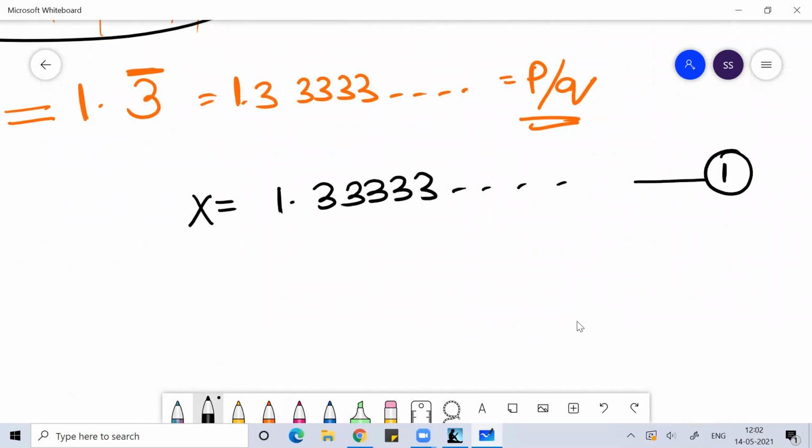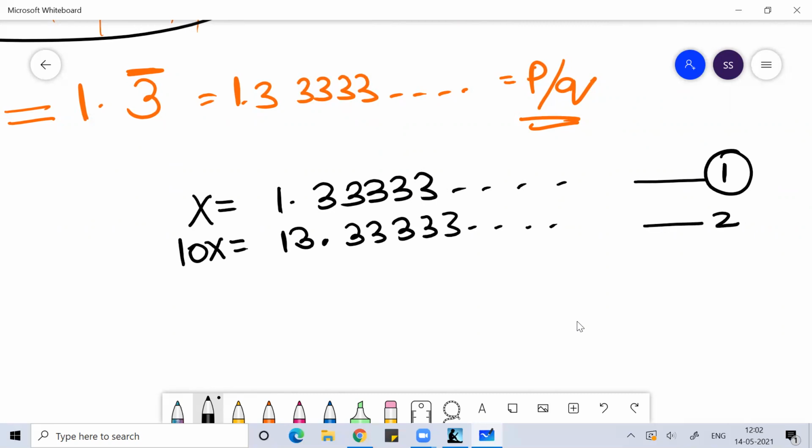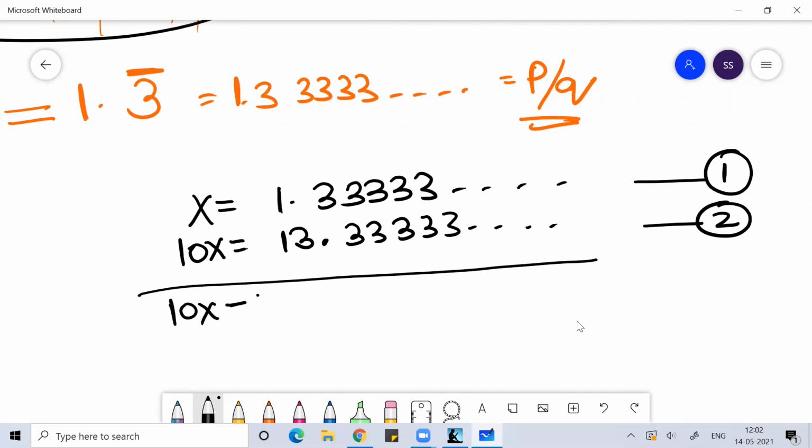You want to write this in P by Q form, so let x be 1.3333 till infinity. Multiply this with 10, you will get 13.333333. Write this as equation 2. Then subtract equation 1 from equation 2. So 10x minus x is equal to 13.3333 with a bar minus 1.333 with a bar.